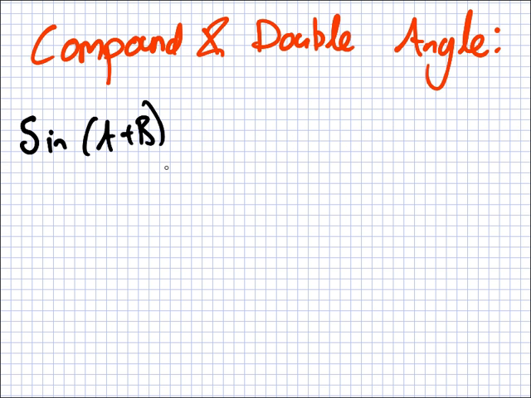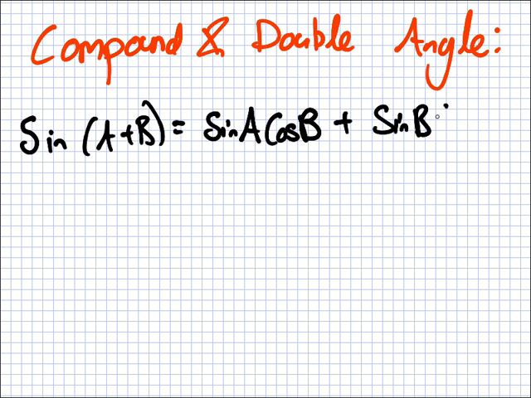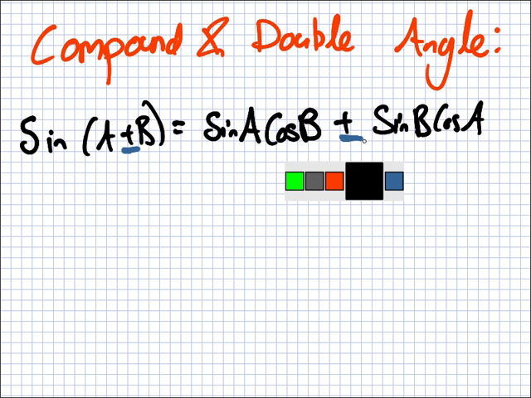So the formula for sine A plus B is sine A cos B plus sine B cos A. Now the good news is, if you need the formula for minus, all you do is you change this to a minus. So that's 2 formulas in one. Okay, so if you can write that down, that's our first formula here.